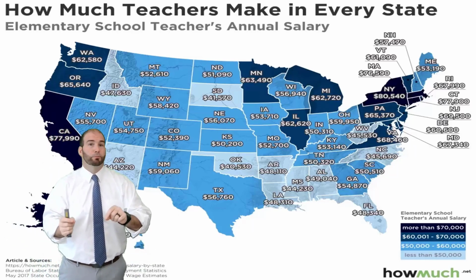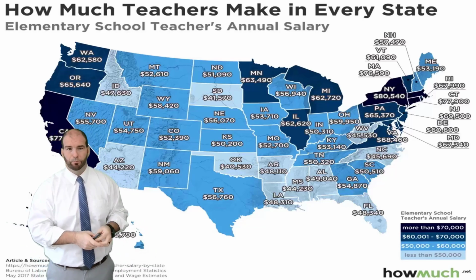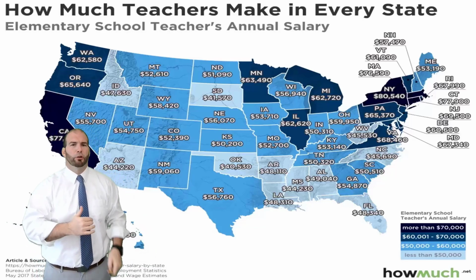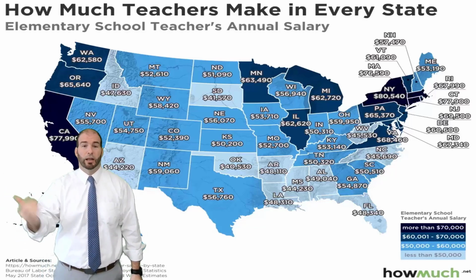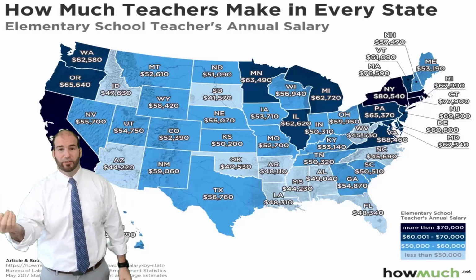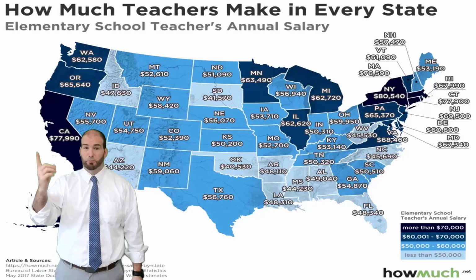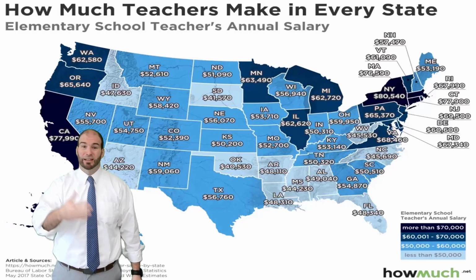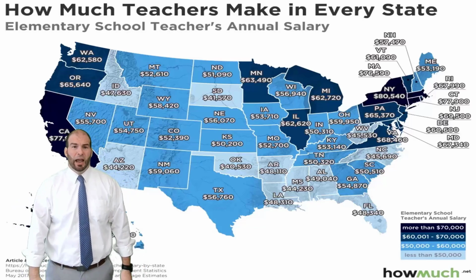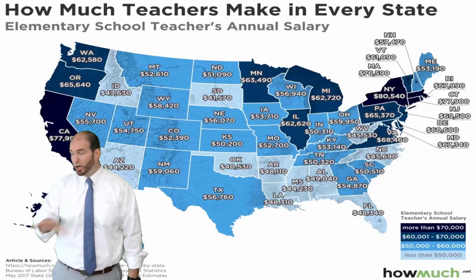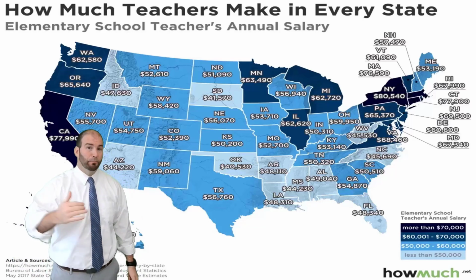Remember, the states are responsible for paying their teachers, all right? So the places that have higher property taxes, the teachers make more money. Like in North Carolina, the average teacher makes $45,000. In Pennsylvania, just a couple states up, the exact same job, $65,000. New York is $80,000. And it's the exact same job and the exact same degree, depending on what state you live in.